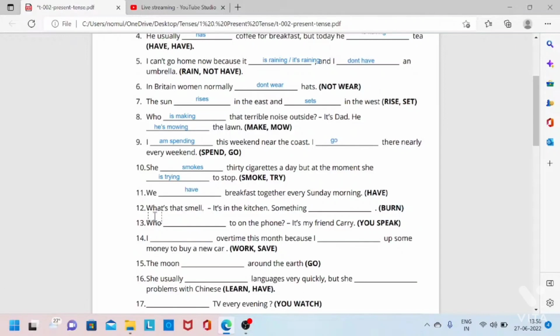What's that smell? It's in the kitchen. Something is burning. Yes, something is burning. Here it becomes ing. Something is burning is the correct form. So what's that smell? It's in the kitchen. Something is burning.